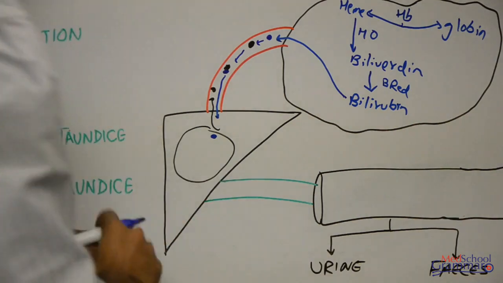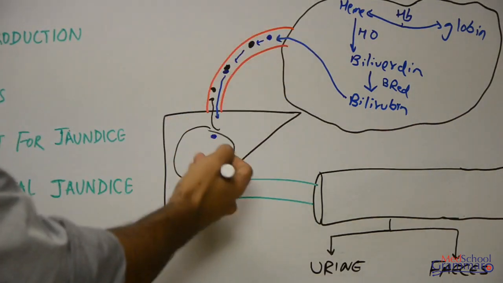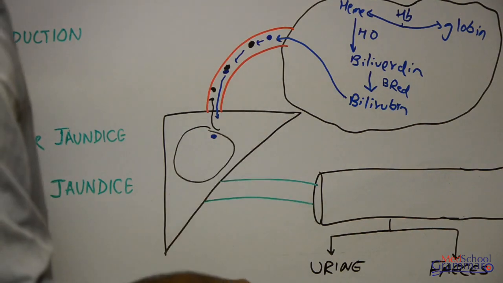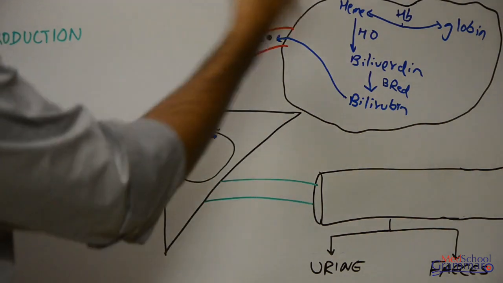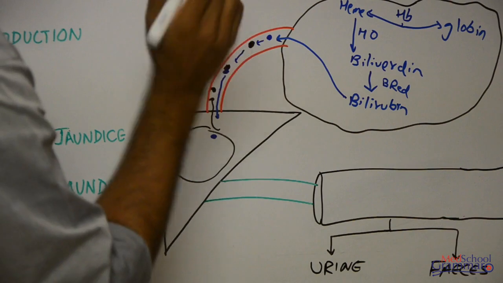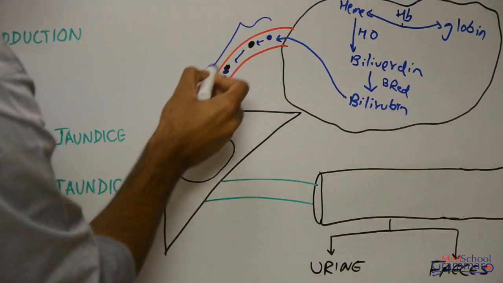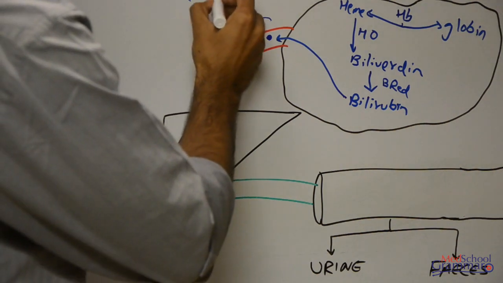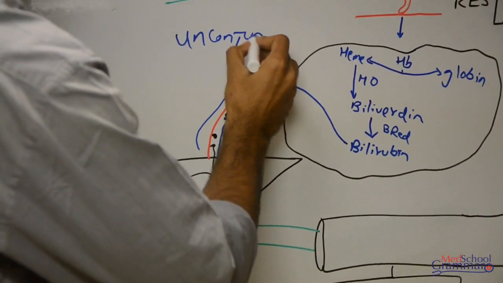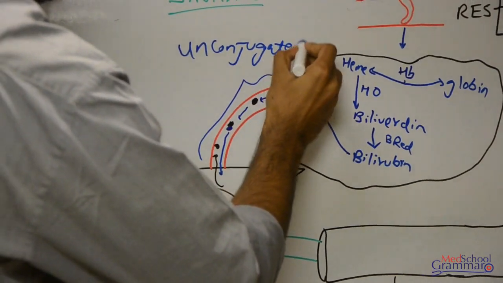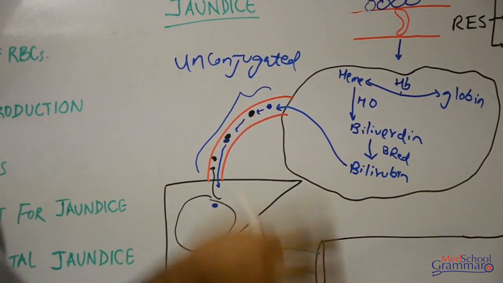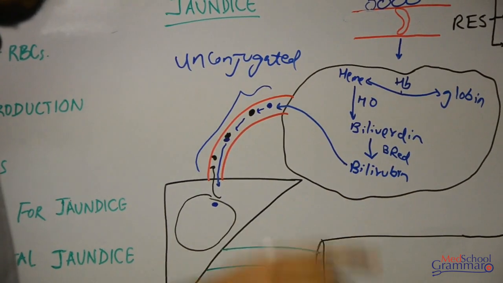Remember, the albumin-bilirubin complex travels in the blood, reaches the liver where only bilirubin is taken up and albumin is released back into the circulation. Now an important point here is that the bilirubin that is present here is known as unconjugated bilirubin in the blood vessel before it reaches the liver.